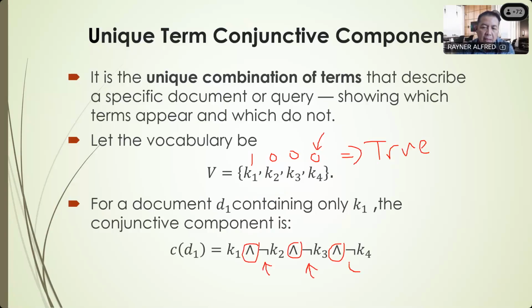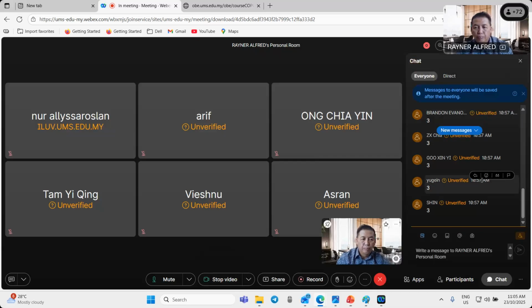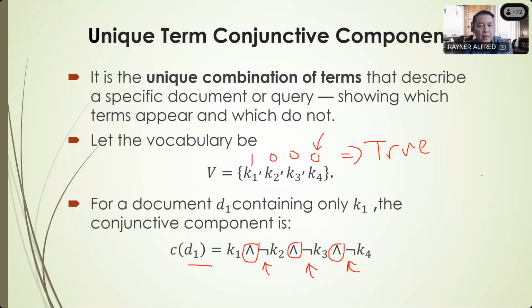Not means they are not in the document. This is what we call the conjunctive component for document 1. Any question? They use binary to represent whether that term exists in the document or not. So this is the logical expression of document 1.